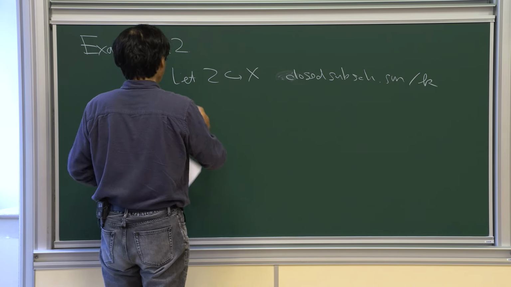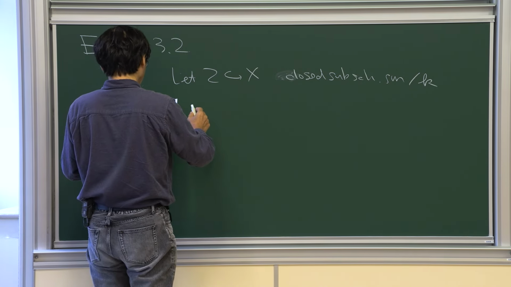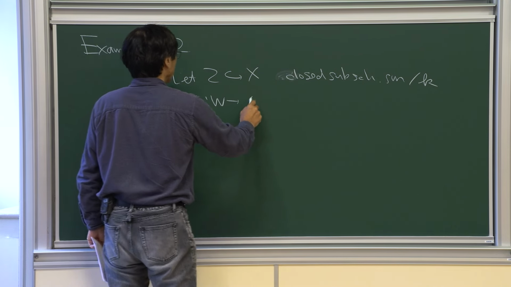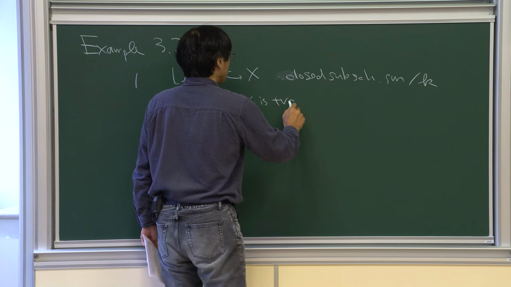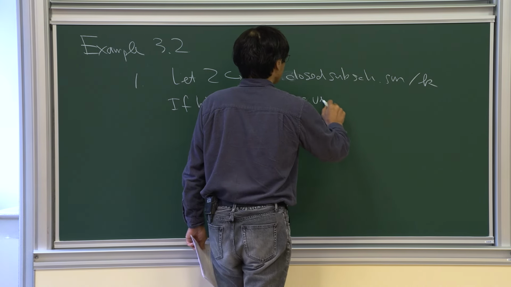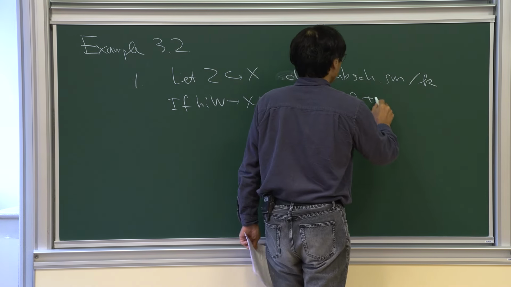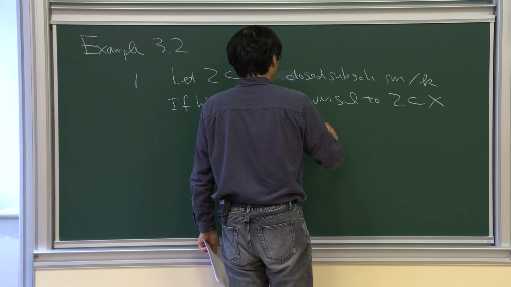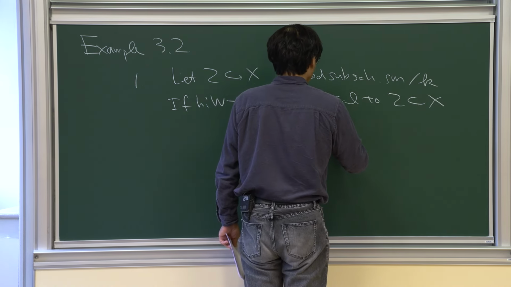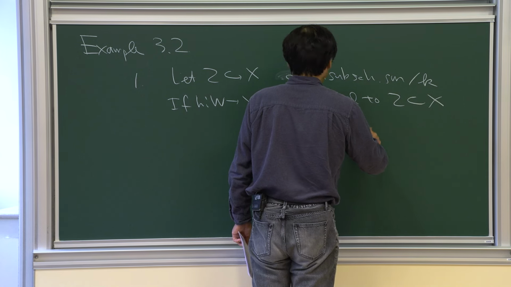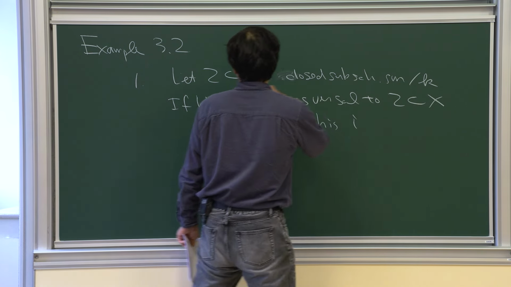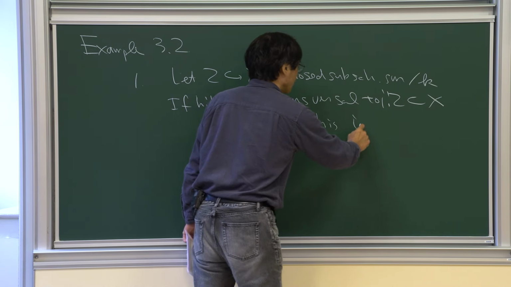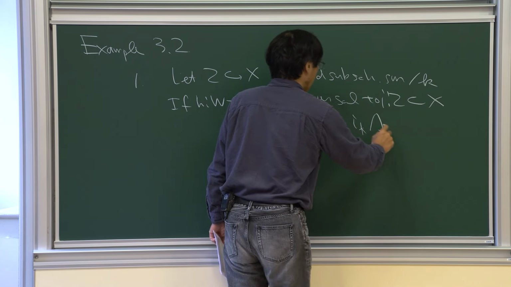Then if h is transversal to this immersion, then h is i-star of lambda transversal.